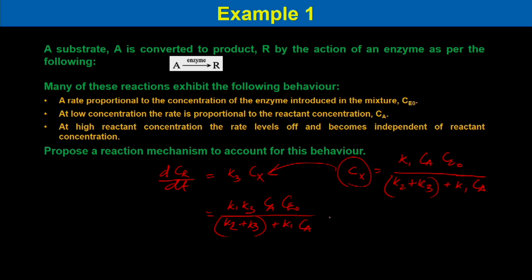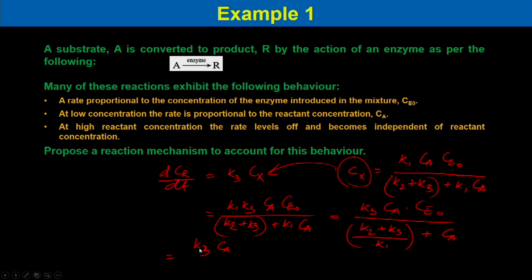So, we can write this as K1 K3 into concentration of A into concentration of E naught divided by K2 plus K3 divided by K1, plus Ca, which we can write as K3 into Ca into Ce naught divided by Cm plus Ca.